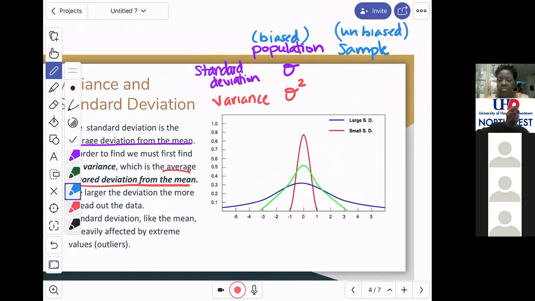We call the standard deviation for the sample S of X, and the variance for the sample S squared of X.